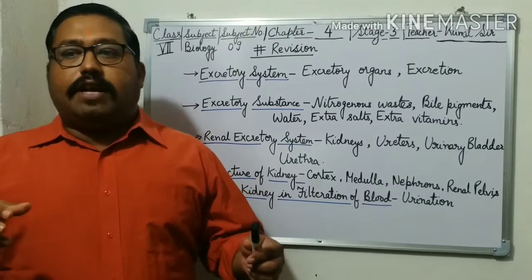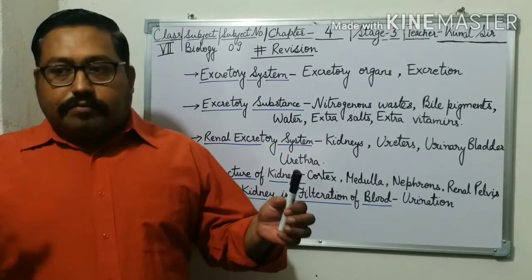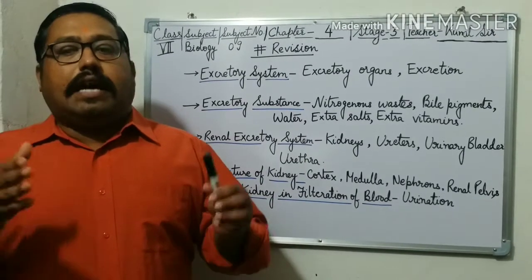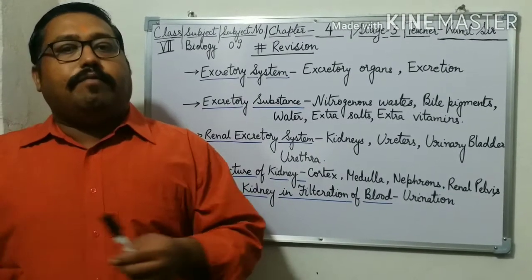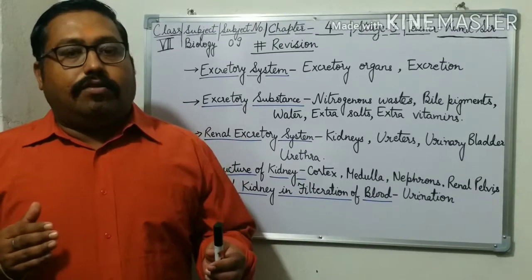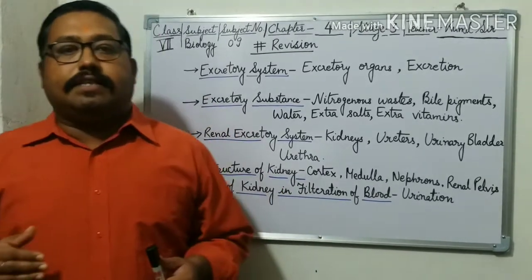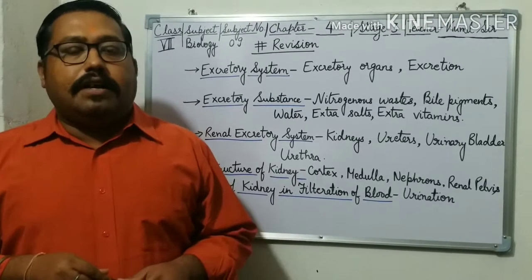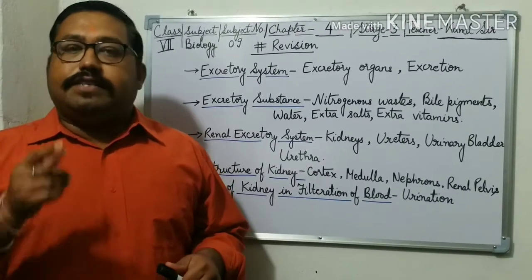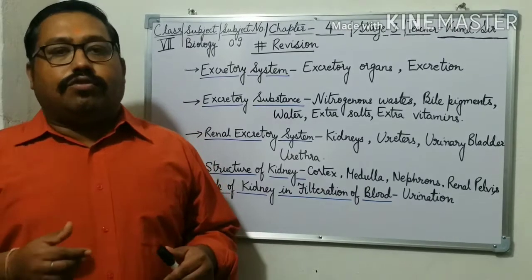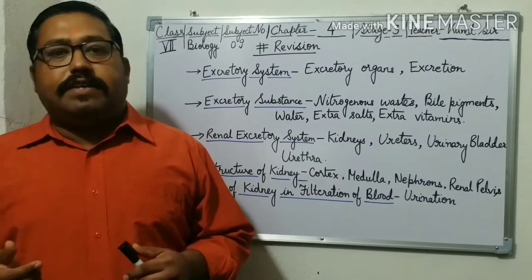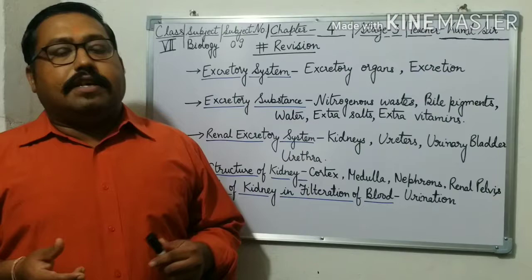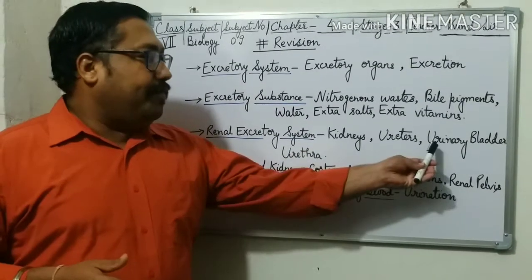The extra water and waste products are removed from the blood, producing a filtrate. The useful things like vitamins and salts are reabsorbed in the blood, and the filtrate, which is nothing but urine, goes to the renal pelvis, and from renal pelvis it goes to the urinary bladder with the help of ureters.